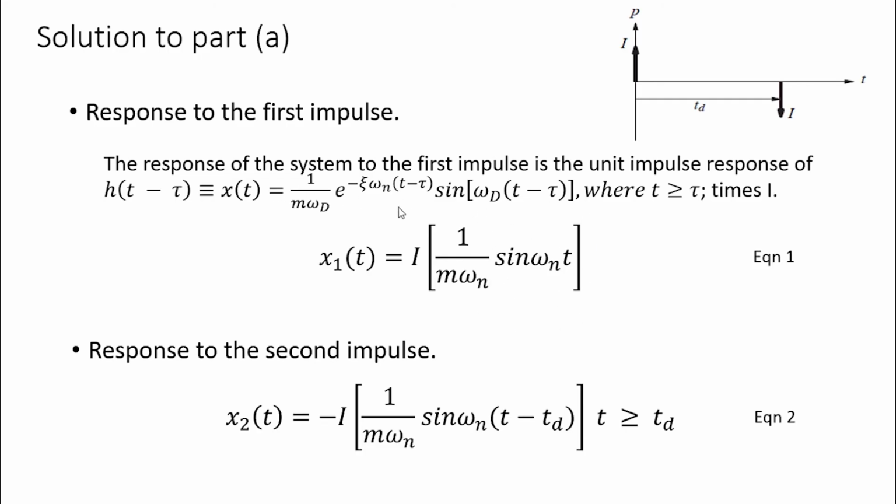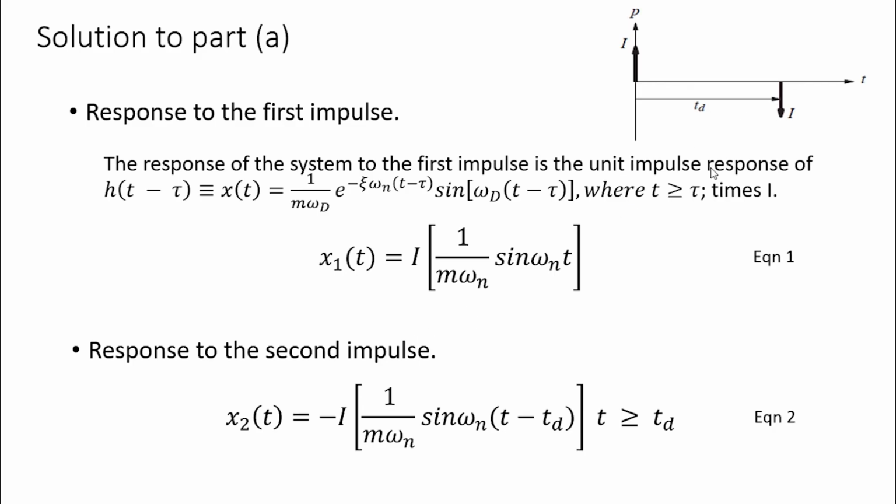So this is given for the damped system, and since ours is an undamped system, we can ignore the damping terms. So the first response will be I times 1 by m omega n sine omega n t.